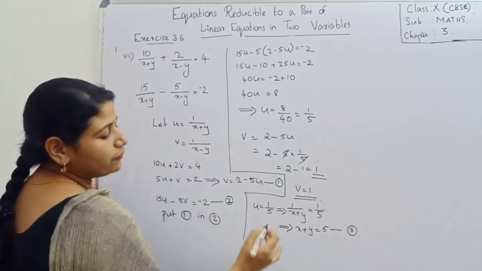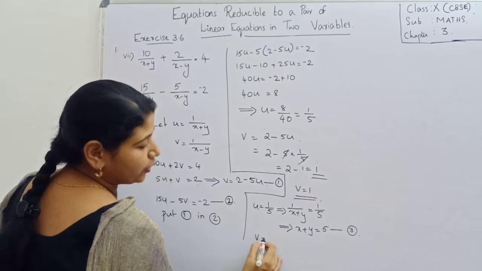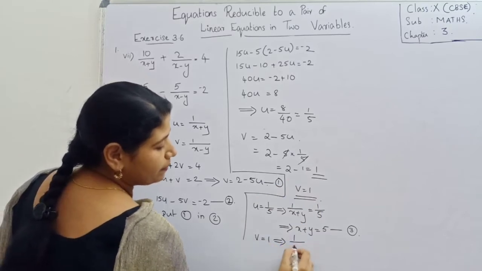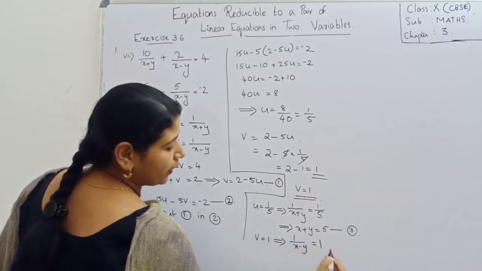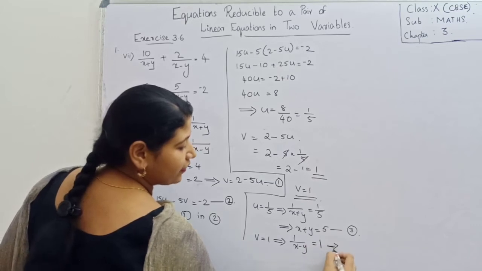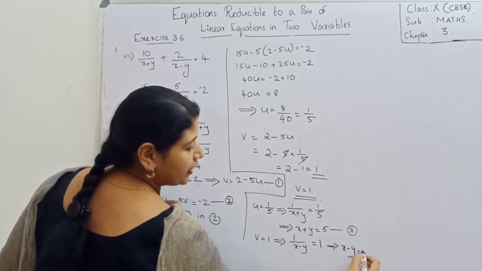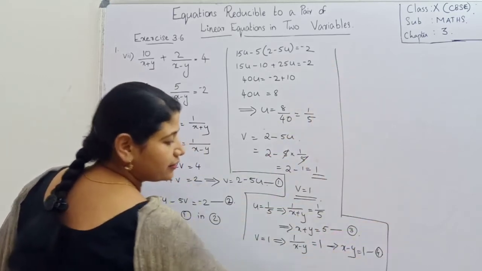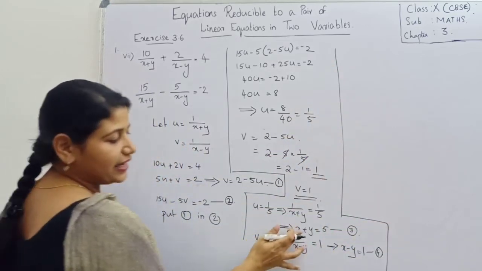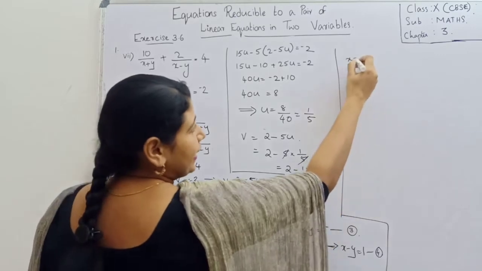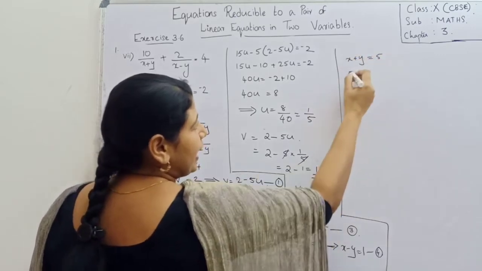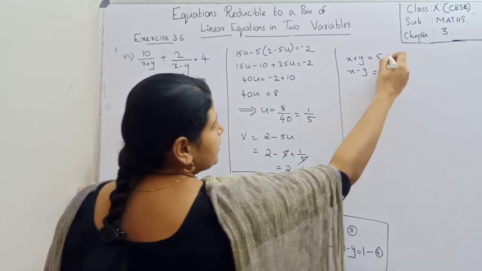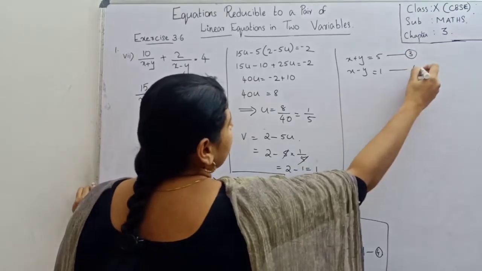And we know that v equal to 1, which implies 1 by x minus y equal to 1, or x minus y equal to 1. This is our fourth equation. Now we can find the values of x and y from these two equations: x plus y equal to 5 and x minus y equal to 1.